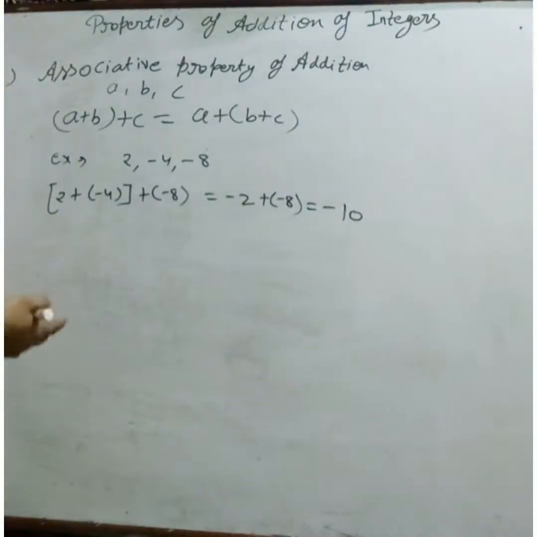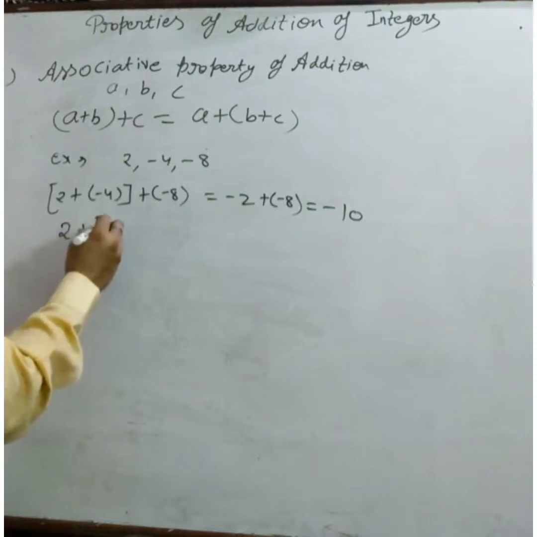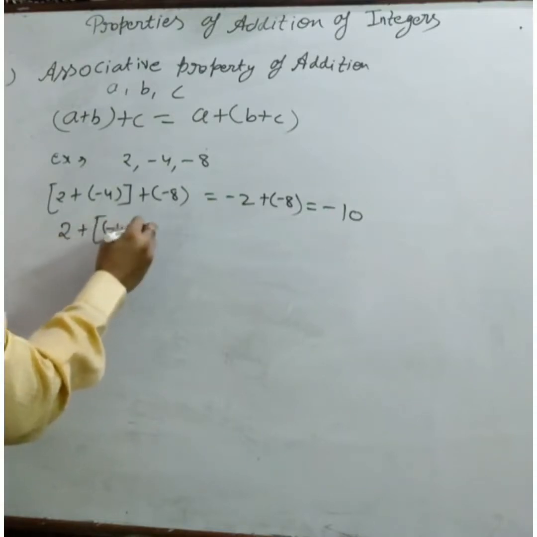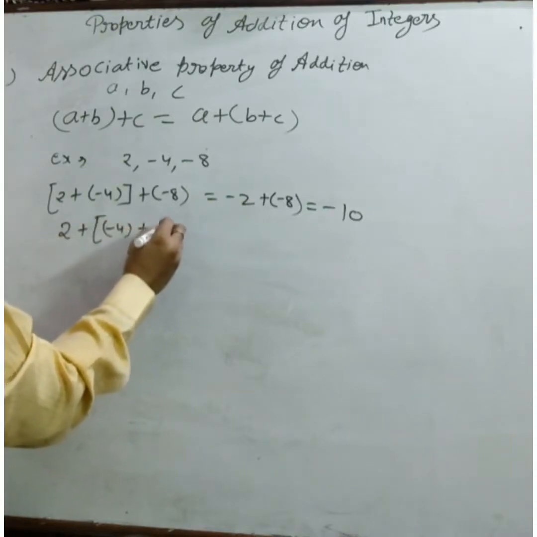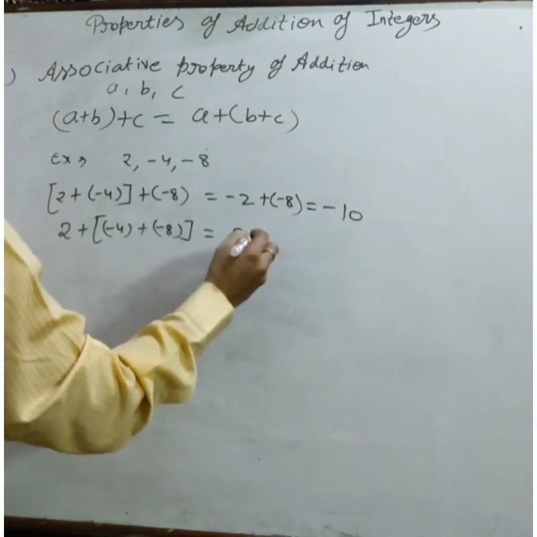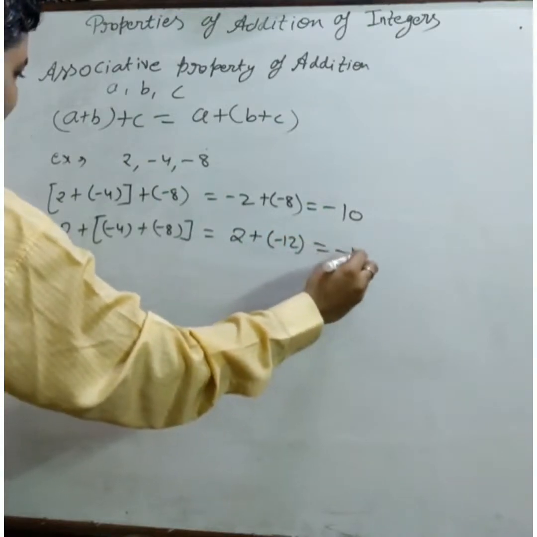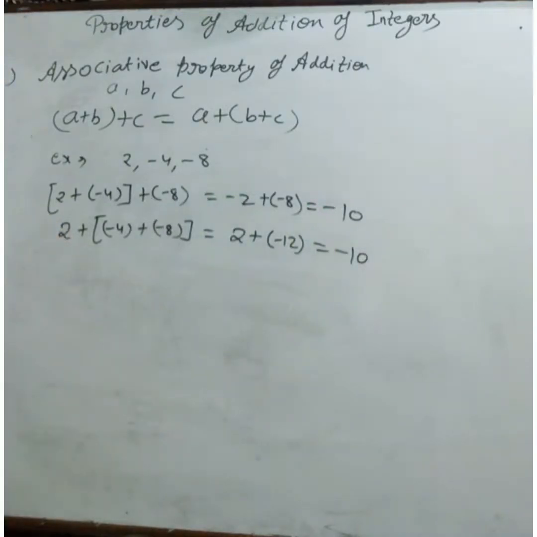Now change the group: 2 plus (-4 plus -8), which is 2 plus -12. That is also -10. So we see that if we change the grouping, the result does not change.